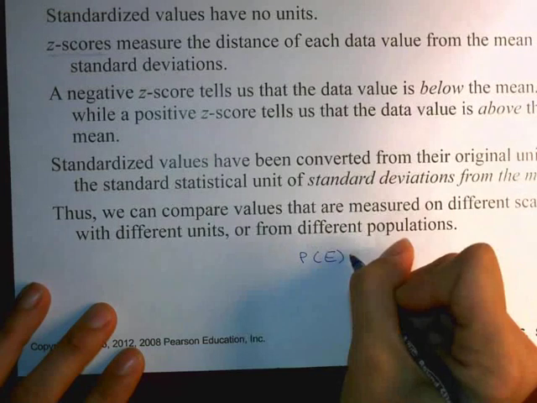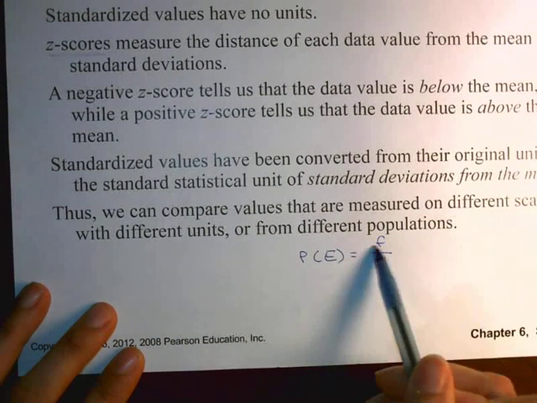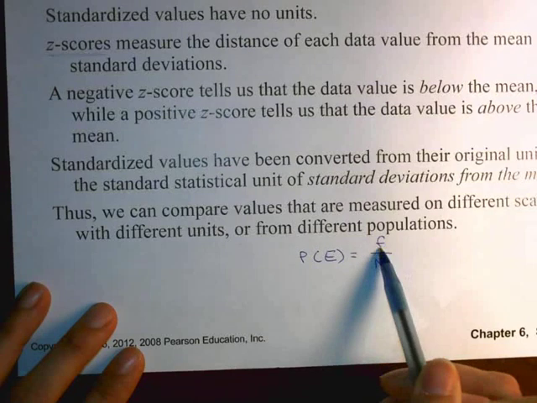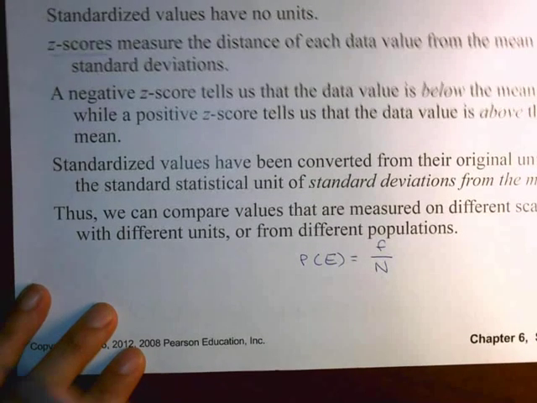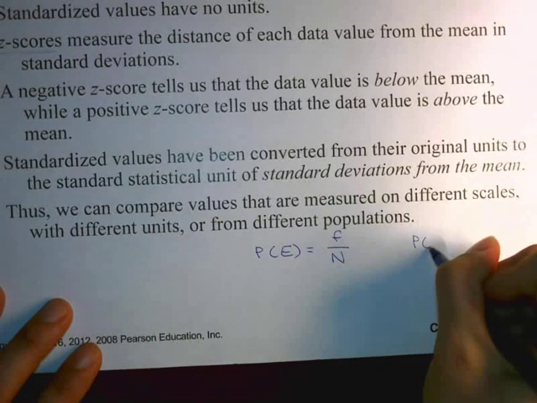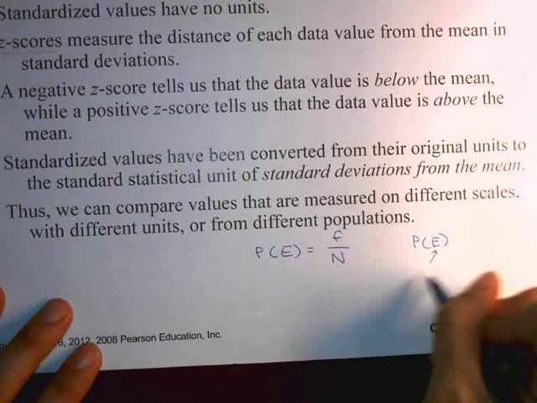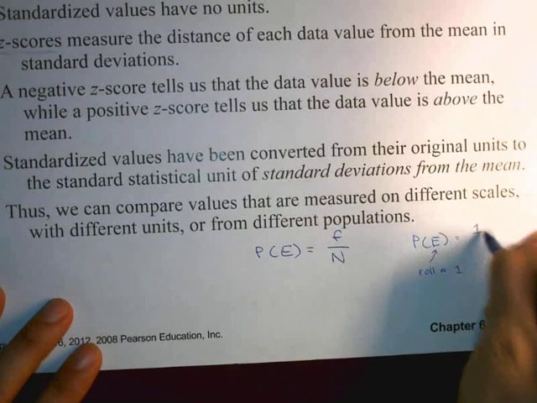There will be a problem. On my current quiz, I have two problems from Chapter 4 that involve this: the probability of an event, which we'll call event E, is F over N, where F is the number of different ways that you can do something, divided by N, which is the total number of possible options.